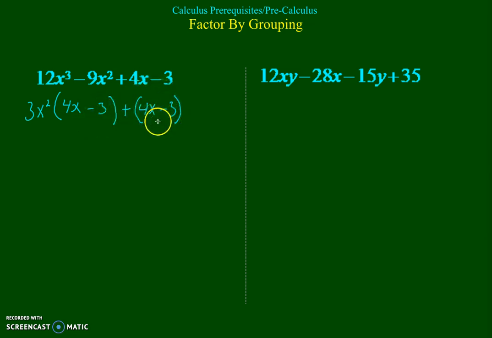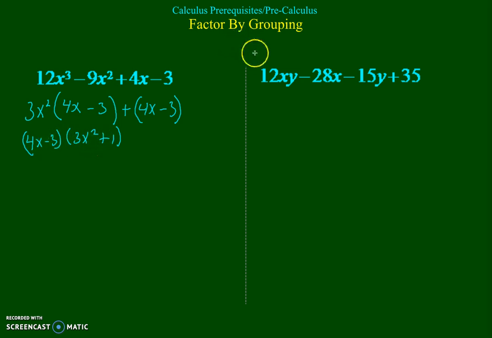We pull out a 4x minus 3, and then what's left is 3x squared plus 1. And that gives us these two terms factored. Now this is two squareds added, and that's not going to factor out, and this isn't going to factor out. So there's your final result.